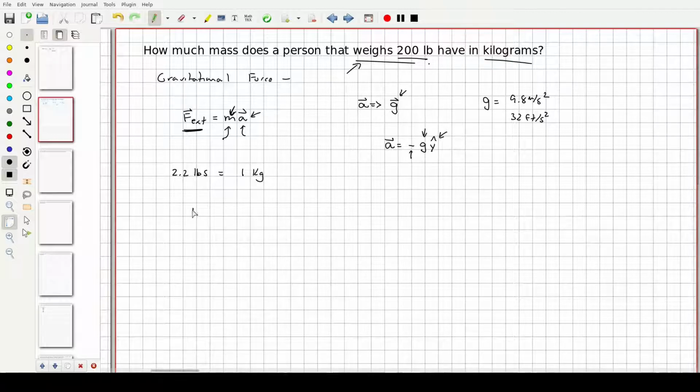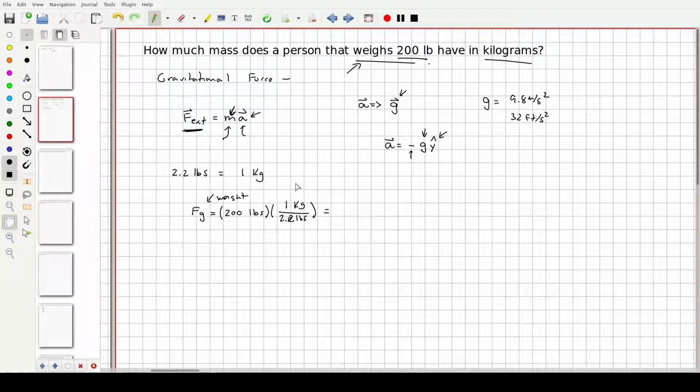Your weight here, which I'm going to write as F sub g, this is weight, is equal to 200 pounds. Now, to get from weight to mass, if you're dealing with the imperial system, all you do is note the fact that for every 1 kilogram, you have 2.2 pounds.